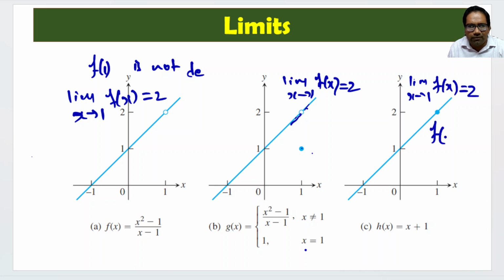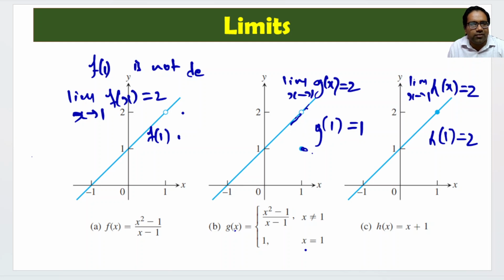But here h of 1 is 2. Here g of 1 is 1, because the definition is given as, no, sorry, this is not f, this is g. This is h. Okay. g of 1 is 1. Here, f of 1 is not defined.